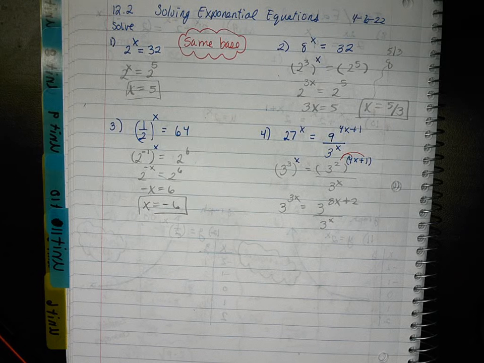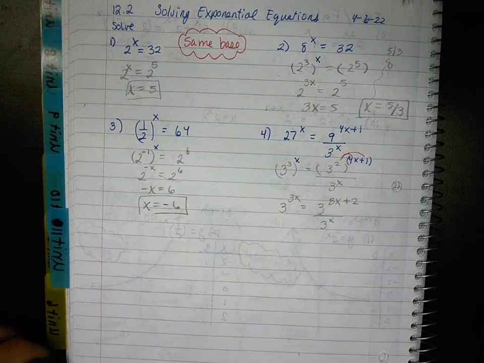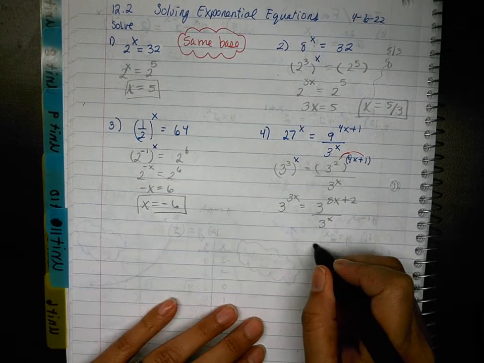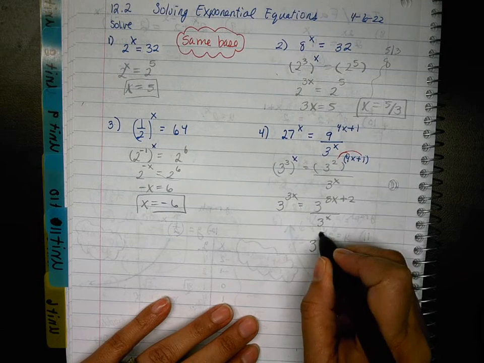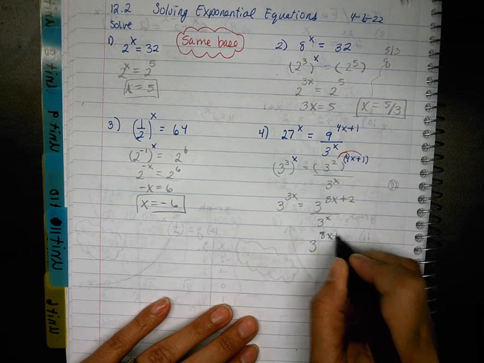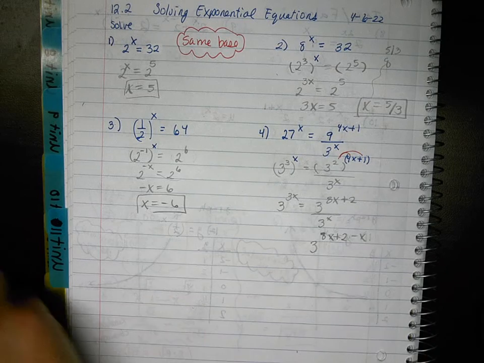No. But we just reviewed all the tools at our previous lesson. On the right side, what do I do when I'm dividing like bases? Add or subtract? Subtract. So I'm going to rewrite it as a single base, and I'm going to subtract the exponents. 8x plus 2 minus x.